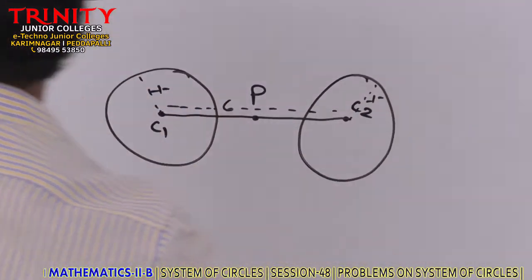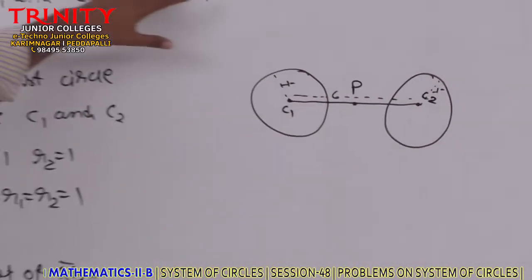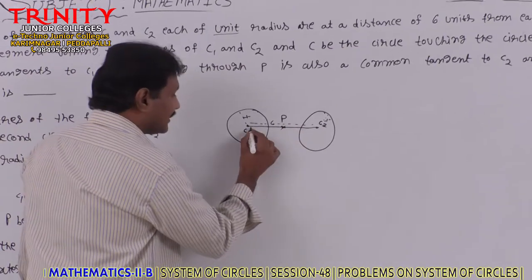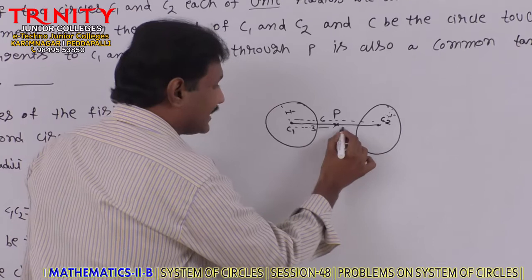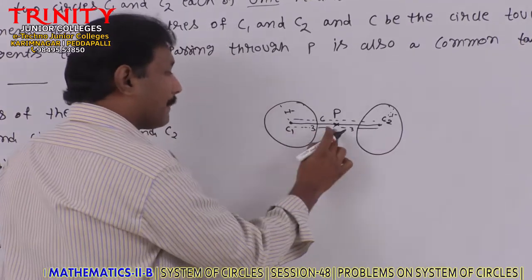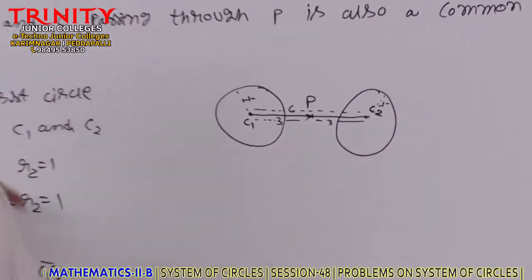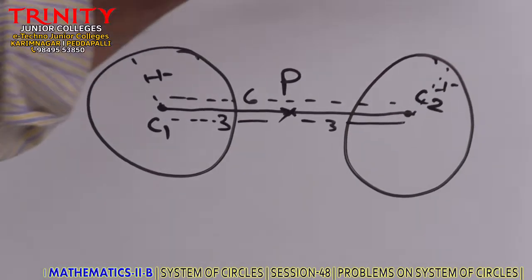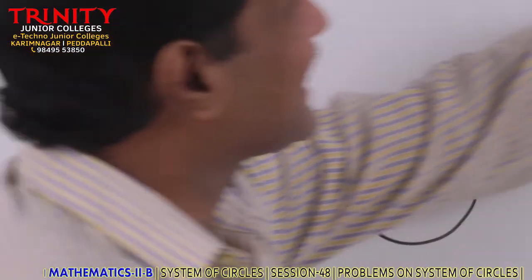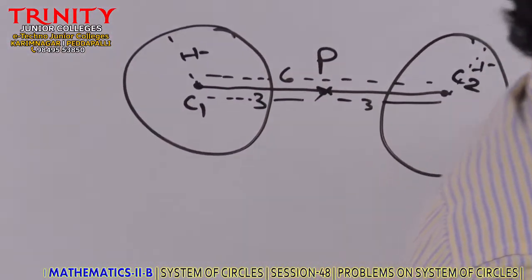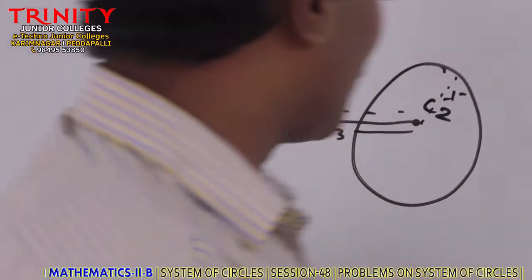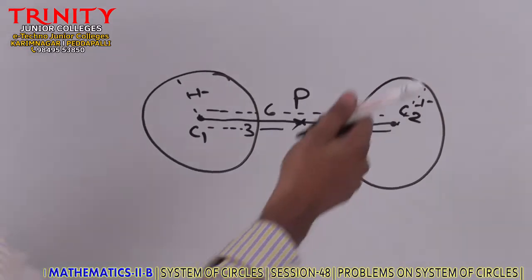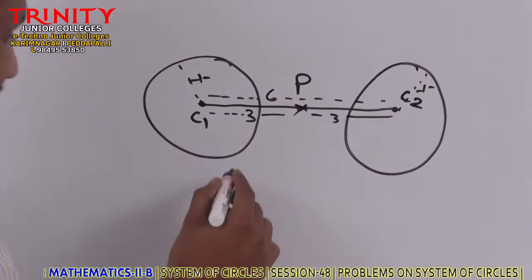Let P be the midpoint of the line segment joining the centers of C1 and C2, so this distance is 3 units and this distance is 3 units: C1P equals PC2.